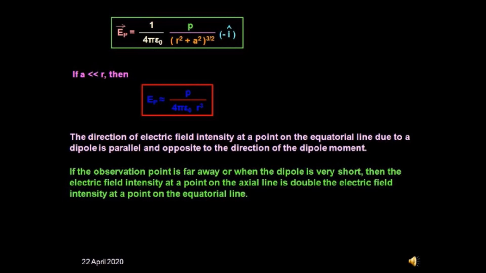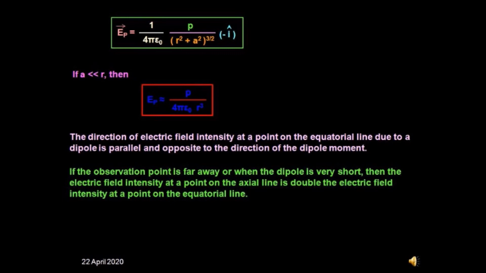One more thing is that in case an approximation is given, approximation means if the dipole is of very small size, that means if A is very small compared to R, then we can put A equal to 0 in the denominator.